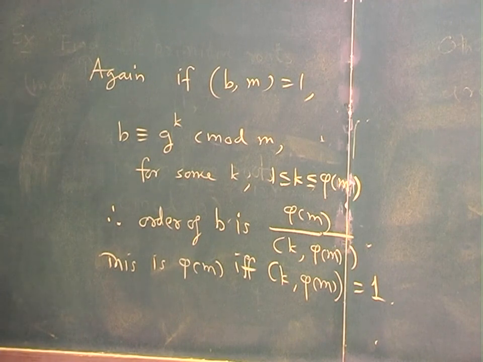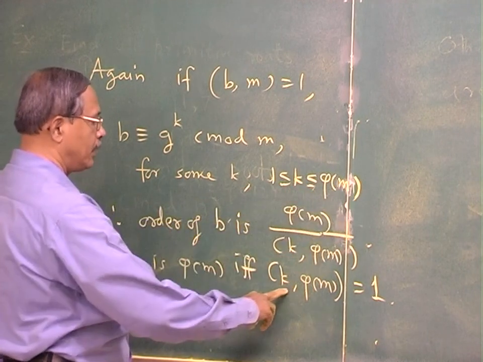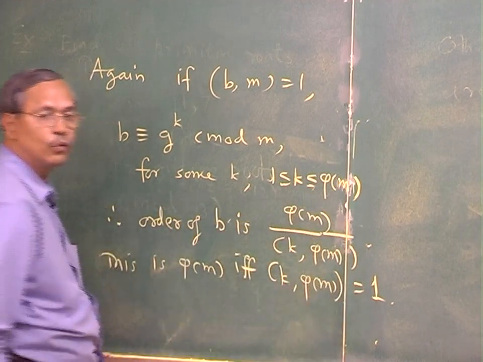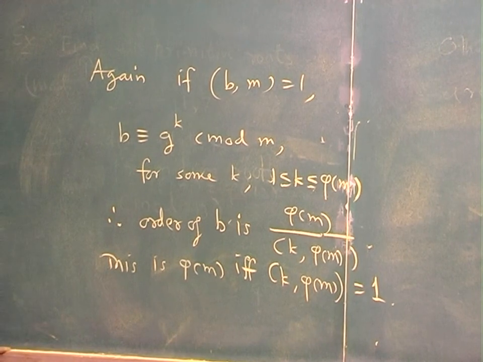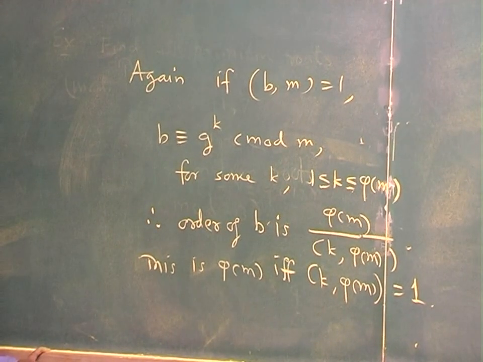So how many primitive roots are there mod m? Number of primitive roots mod m is number of k such that 1 less than equal to k less than equal to phi m, and gcd(k, phi m) is equal to 1. So that is phi of phi m, because we are comparing with phi m.